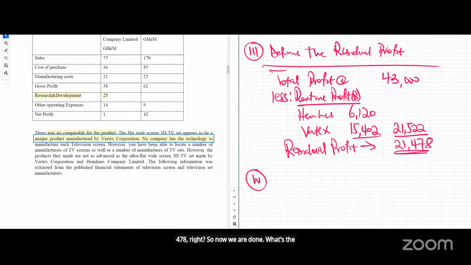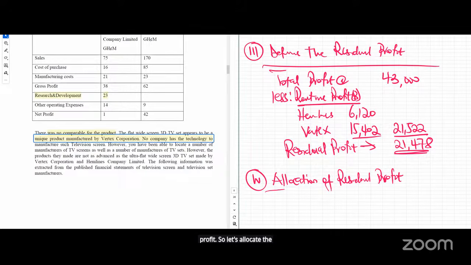What's the next step? Allocation of residual profit. So let's allocate the residual profits. So first of all, what are we going to do?